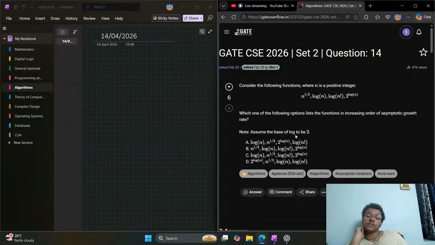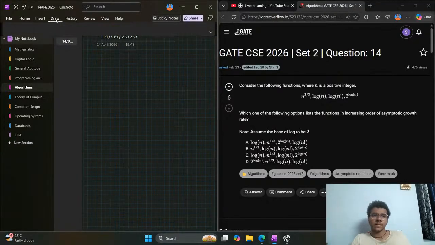Consider the following functions. Which one of the following lists the functions in increasing order of asymptotic growth? Maybe can you brute force it?